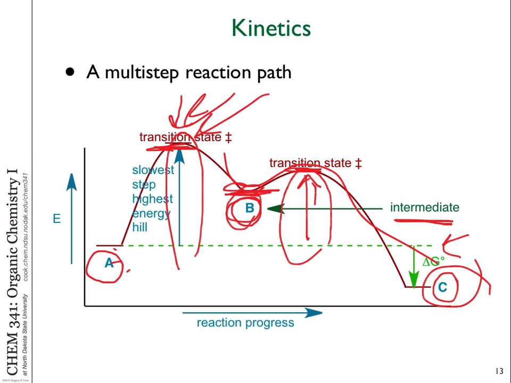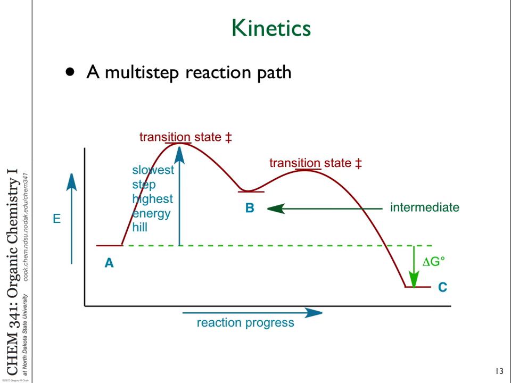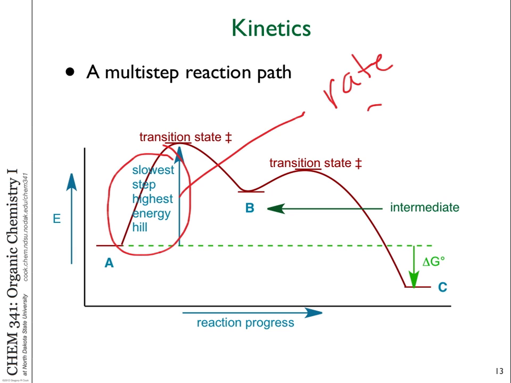So the time it takes, or the amount of energy it takes, to reach the highest transition state in a multiple step process is the slowest step. The slowest step in a reaction is always the one with the highest activation energy for that particular transition state. This is what we refer to as the rate determining step.